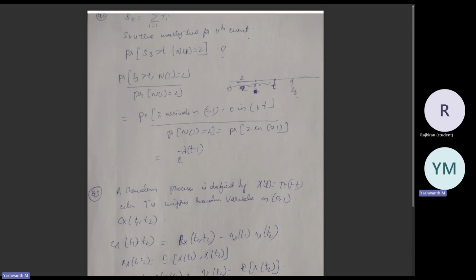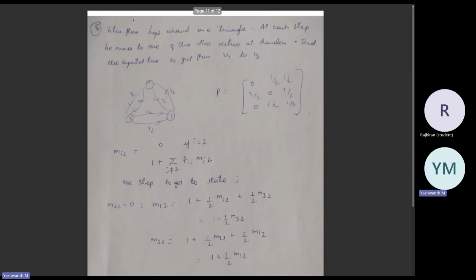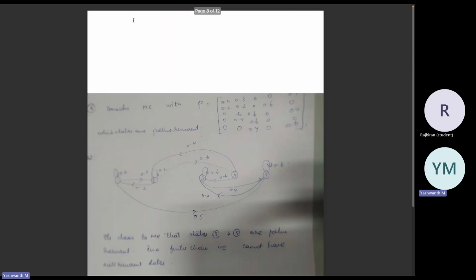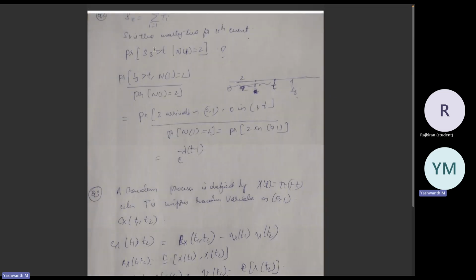So in general, this is for the Poisson process. All the problems are there: one in Markov and 3 problems in Poisson. In the Poisson process, these Ti are the inter-arrival times, let us say, and Sk is the sum of the Ti from i equal to 1 to k.